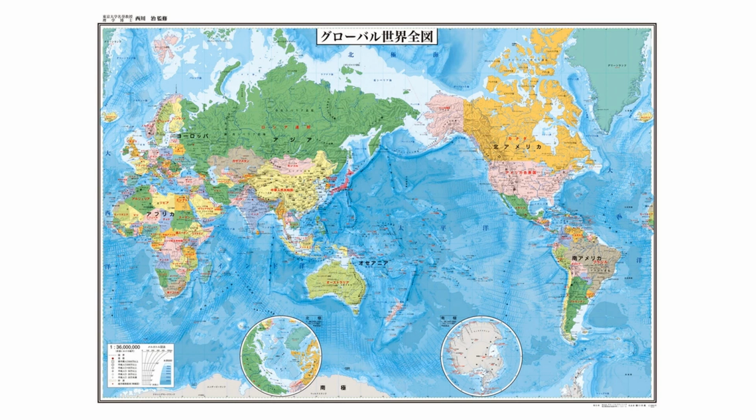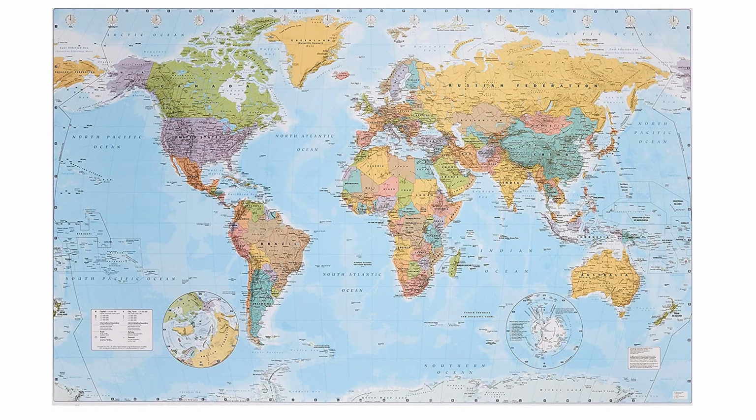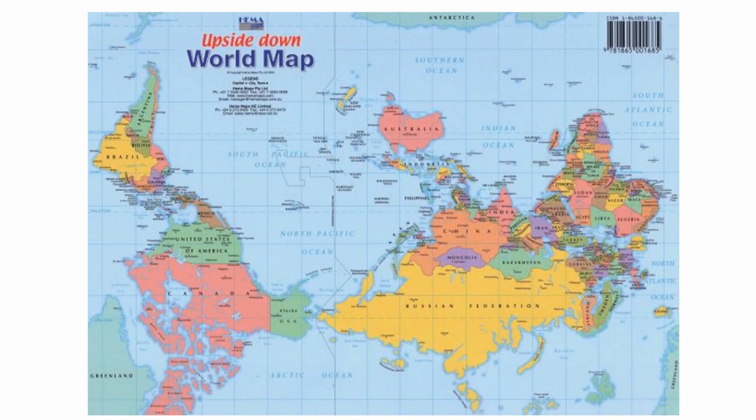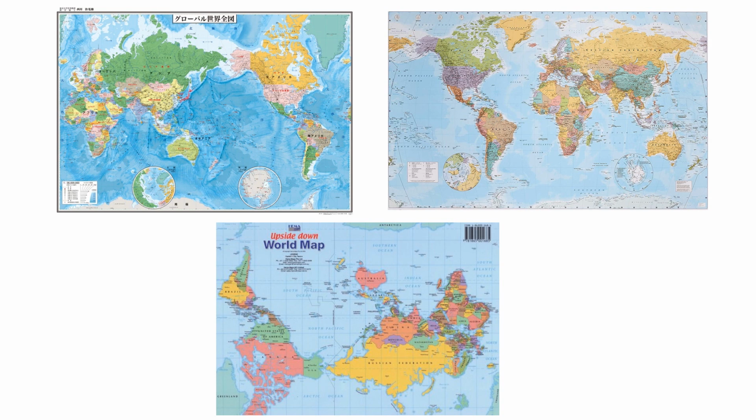Here is a world map in which Pacific Ocean is in the middle. Here is another world map, and this one has Europe and Africa in the center. Another one is here, and this one is upside down, comparing to the ones commonly used. They are different, but all of them have something in common though.